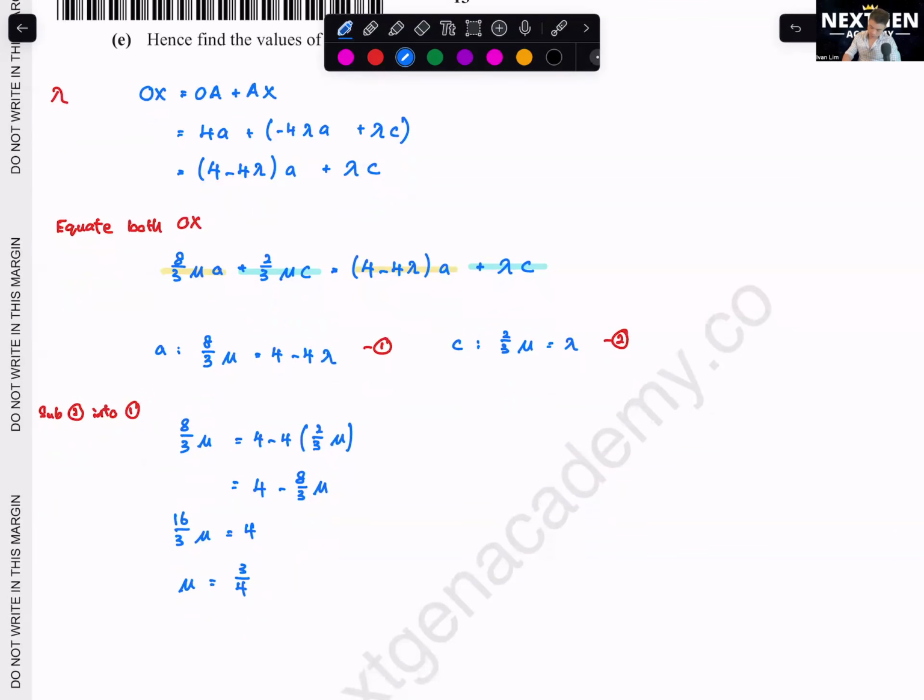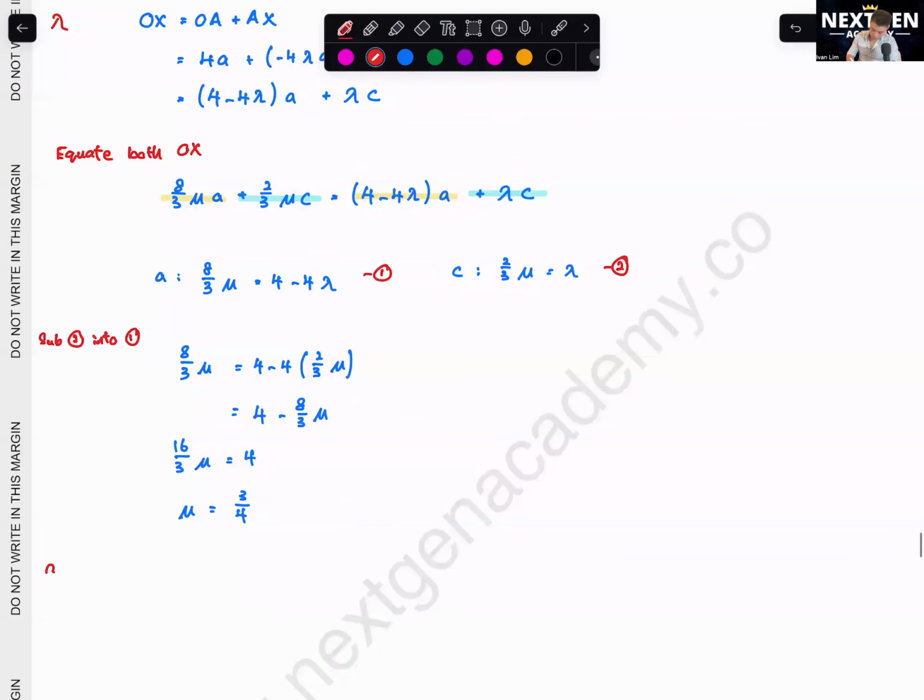Then we substitute this value into equation 2. So lambda equals 2 over 3 times 3 over 4. Lambda will equal 1 over 2. These two will be your answer.